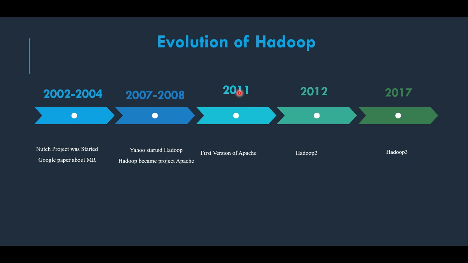Finally, in 2011, the first version of Hadoop was released, and in 2012 and 2017 the second and the third versions of Hadoop were subsequently released. For more information and details, you can refer to the Apache Foundation website.